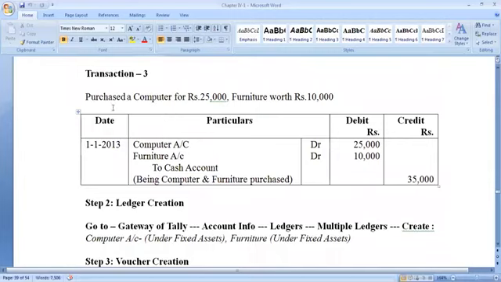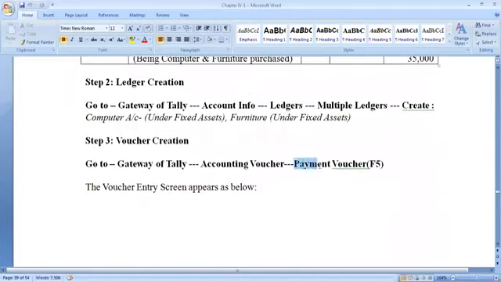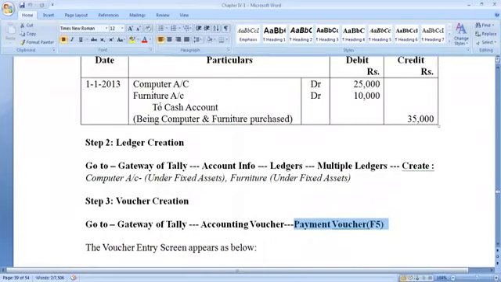See, purchased a computer. When you are purchasing, what is it going to impact in your business? There is an outflow of cash, which is a payment. So what will be the voucher entry? It will be recorded under the payment voucher. Clear?